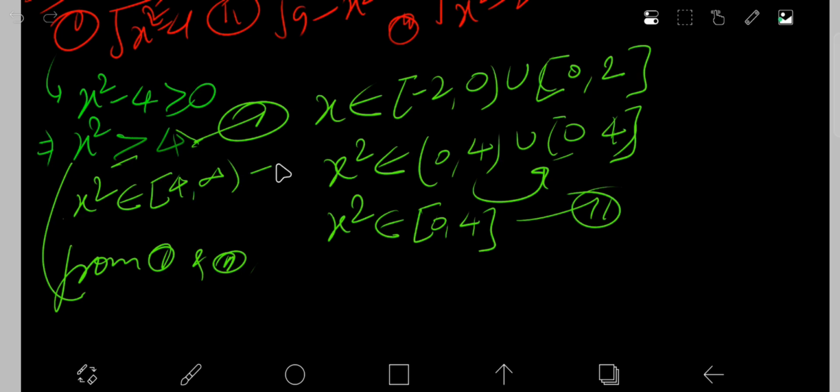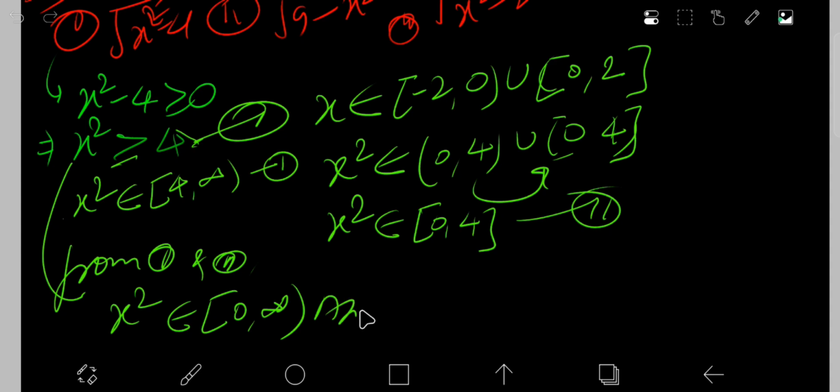And now you see this one is 1 and this is 2. So from 1 and 2 we get this one is not contained here, and this is a closed interval, and here is 0 to 4. Means when we combine this one, we get x square belongs to, this is the least value 0, and the greatest value is up to infinity. So this is our answer.